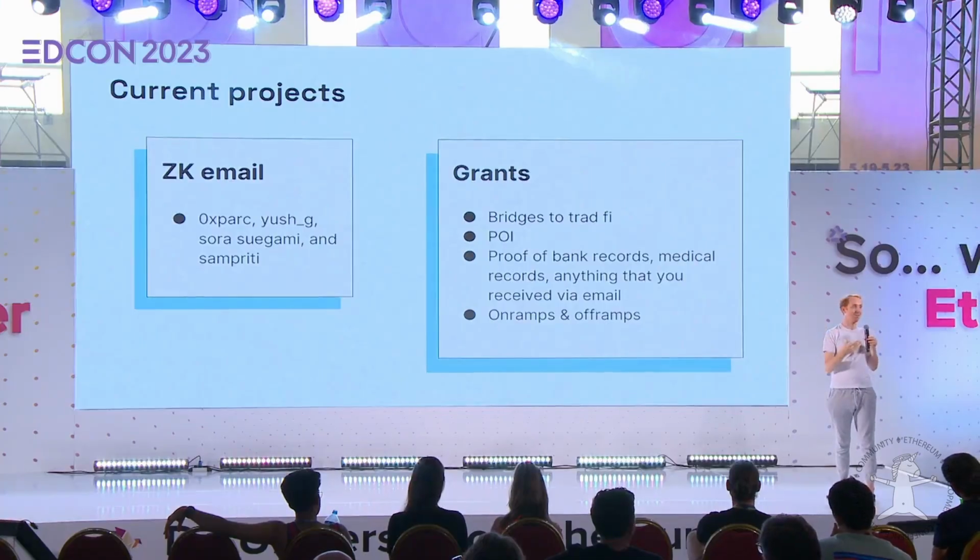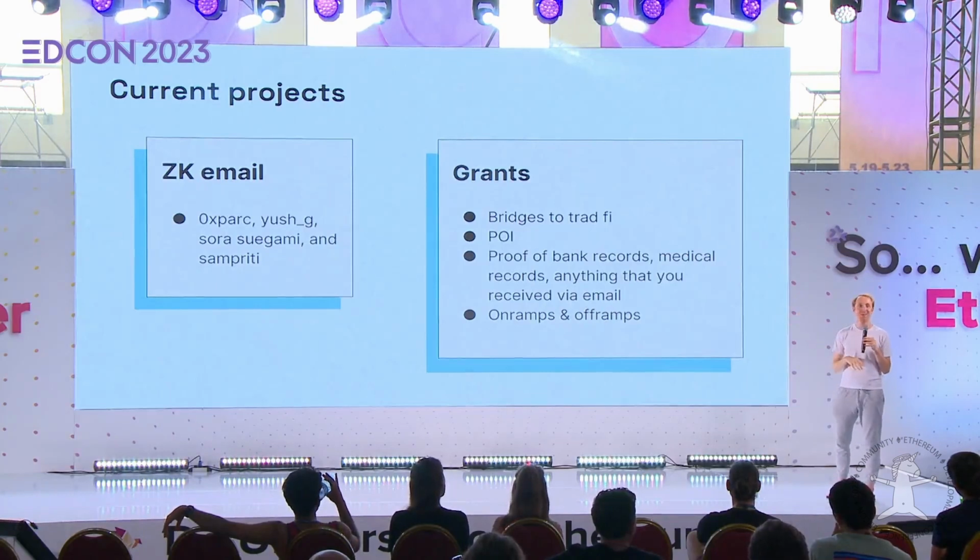And I can make a smart contract on Ethereum that allows someone to withdraw money from this contract under the condition that they provide a zero-knowledge proof that has a signature from Venmo on an email that says, congratulations, you've just sent X amount of money to this person. So this can allow us to make really fun interactive systems where you're able to have this kind of on-off ramp in a decentralized, trustless way.